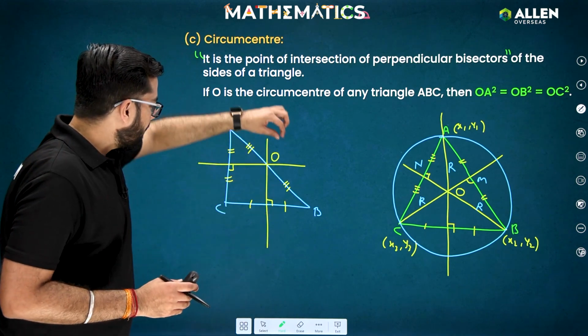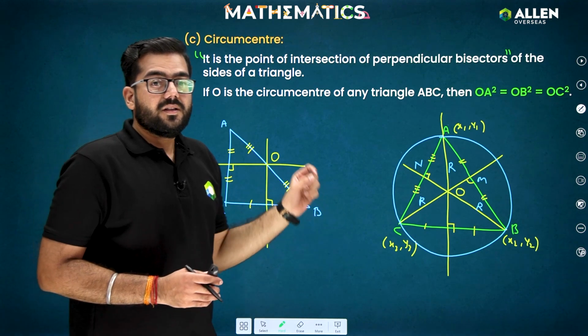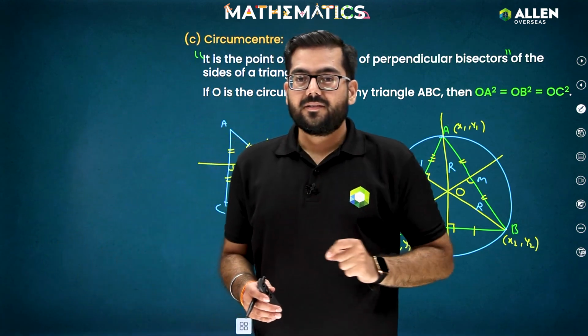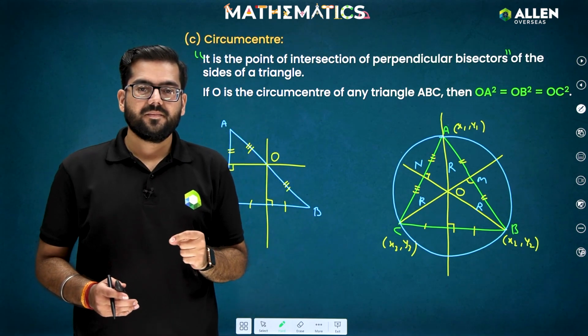So the circumcenter in the case of a right angle triangle is the midpoint of the hypotenuse. Always remember this sentence.